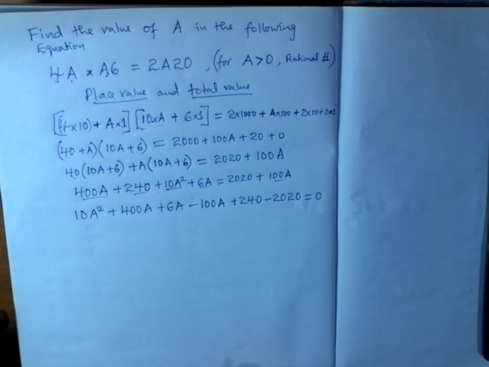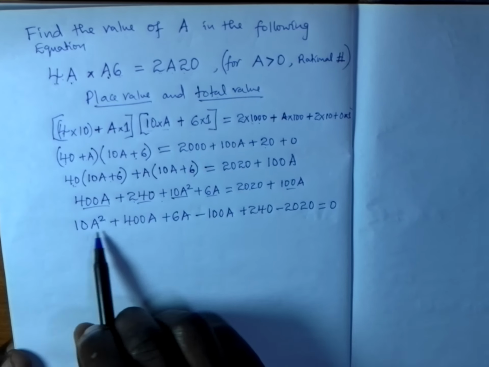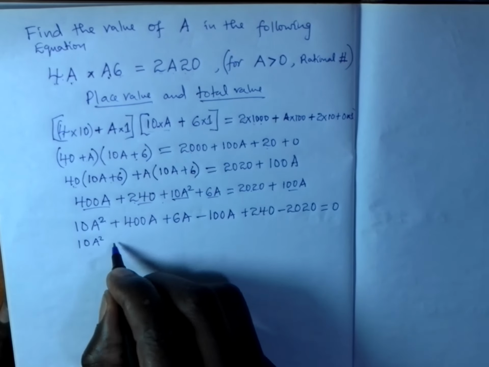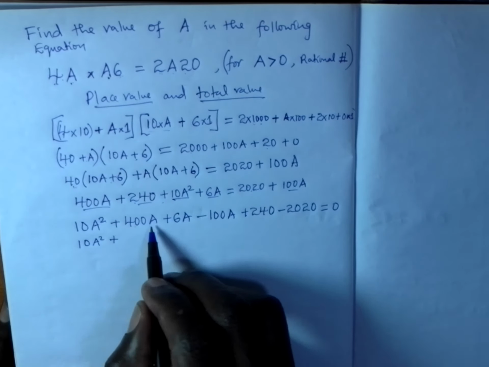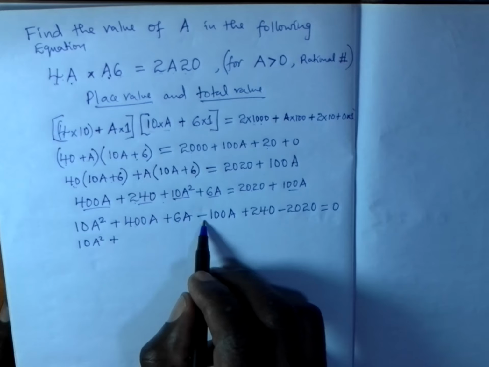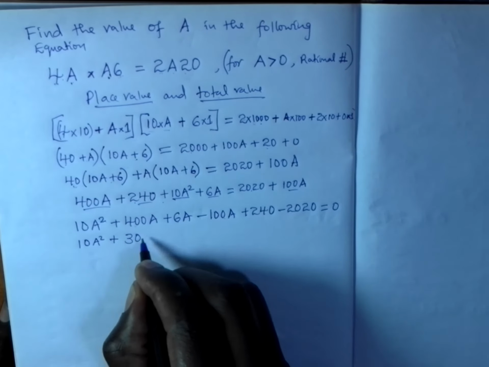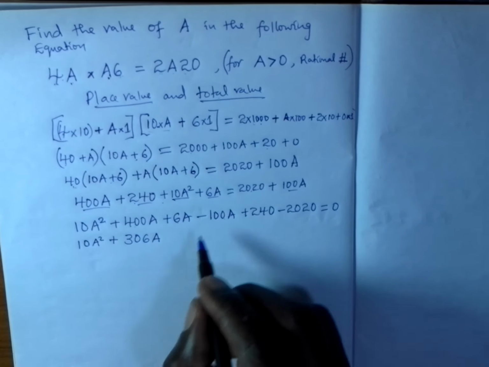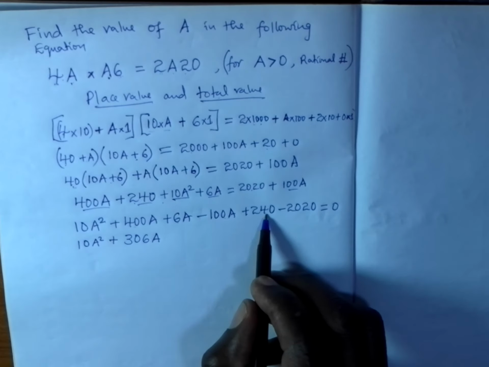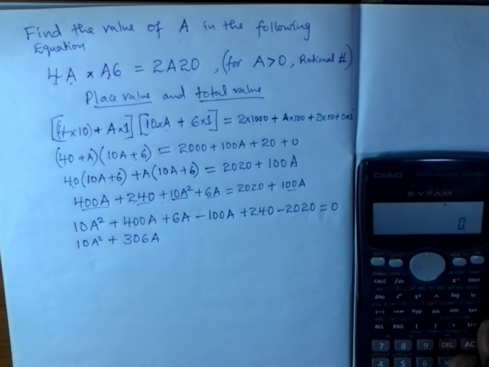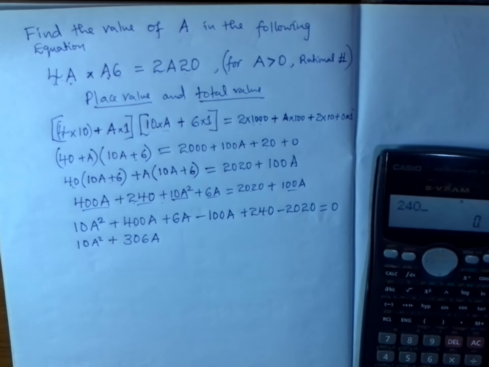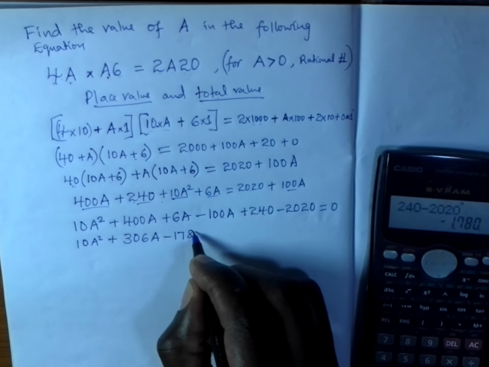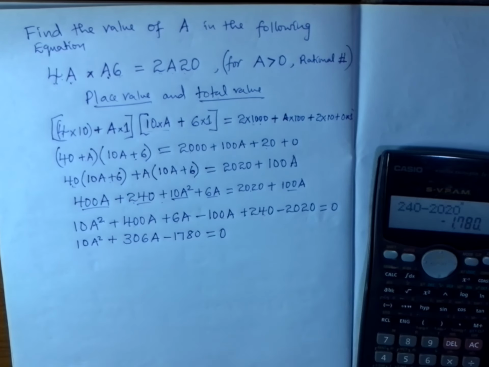So let us simplify it. We have 10a squared plus 400 plus 6, that is 406, minus 100, we have 306a. Then 240 minus 2020, so we have minus 1780 is equal to 0.